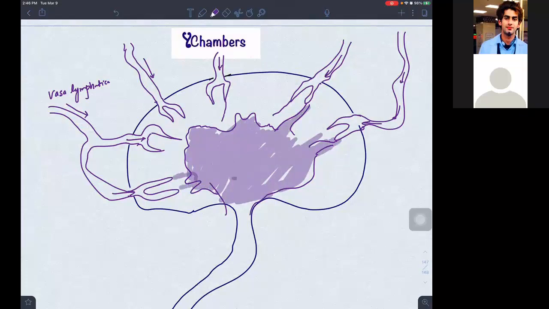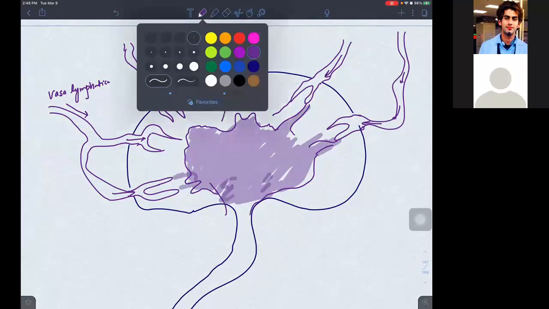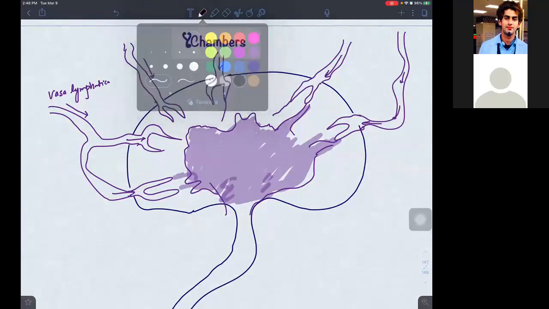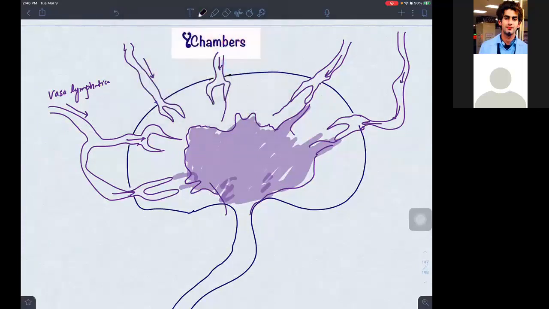What I have to show you is where the subcapsular sinuses are. They are present in the cortical zone. Here are the sinuses, the cortical or subcapsular sinuses. What did you draw in between?